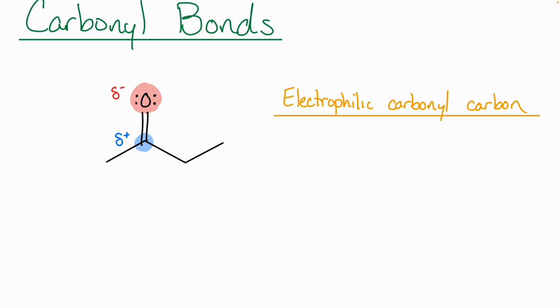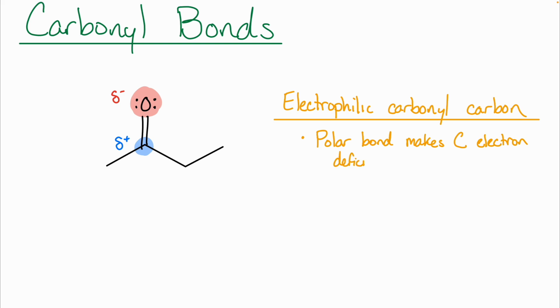It's a good electrophile for two reasons. One, because of that polar bond, it's left relatively electron deficient. But also, even more importantly, it can accept electrons from a nucleophile without breaking its octet, because it's got this pi bond pair of electrons that it can kick onto that oxygen atom.